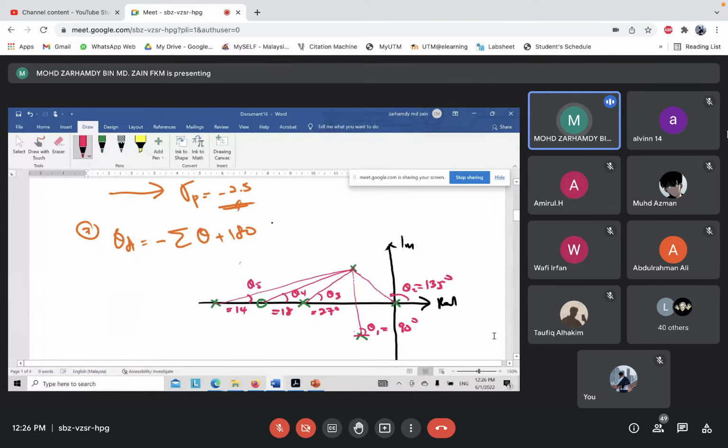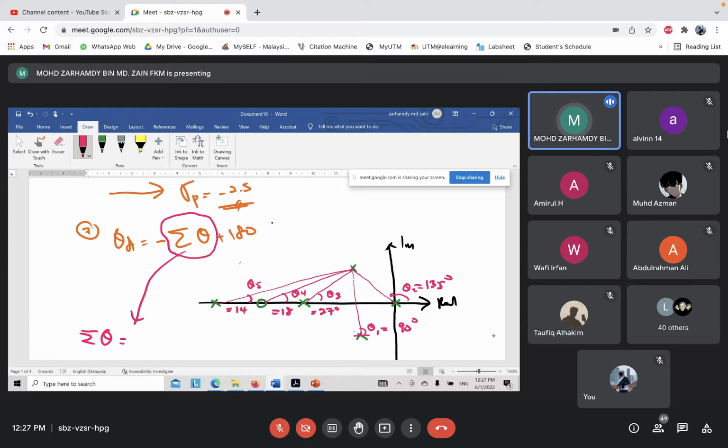Okay, so now we have the angles. We try to concentrate on this first, not yet the general case. We have summation of theta: if the angle is related to a pole it is positive, but if it is related to a zero it is negative.